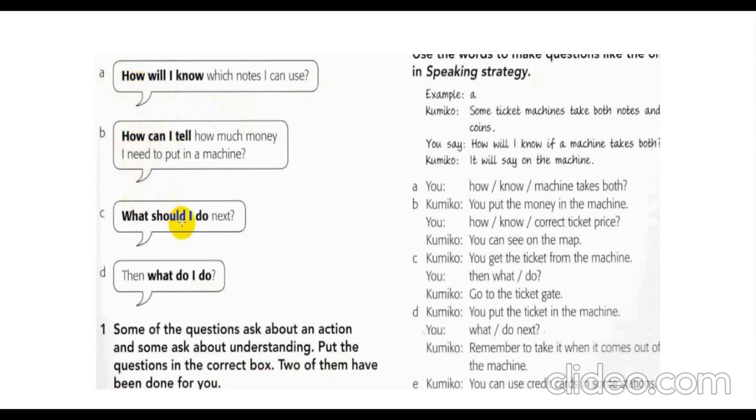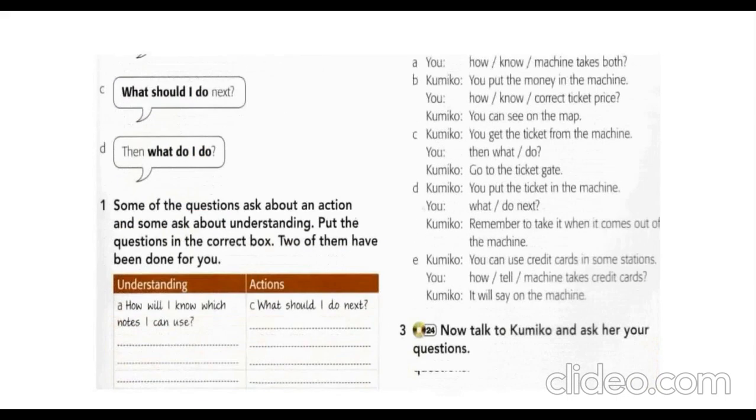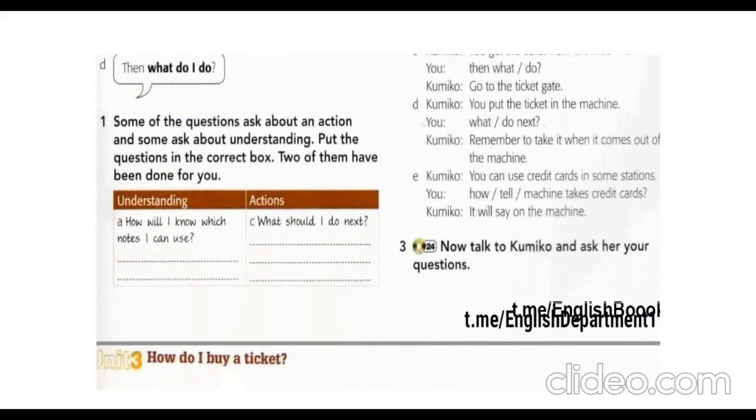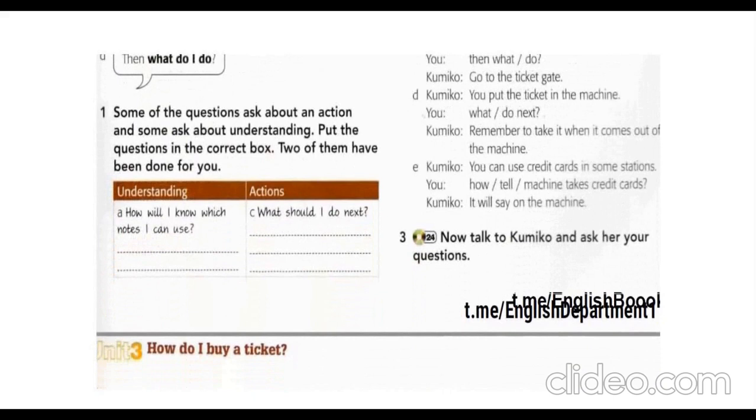What should I do? What do I do? For action. Here we have understanding: how will I know which notes I can use? Action: what should I do next?